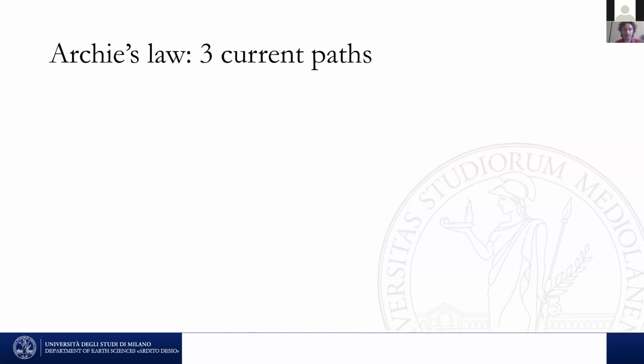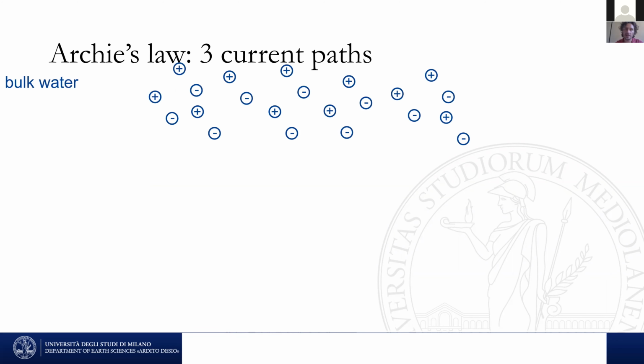The classic way of discussing this IP phenomenon is to extend the classic Archie's law that describes conduction. We do know that the classic Archie's law tells us that the conduction happens through the ions in the solution in our medium.